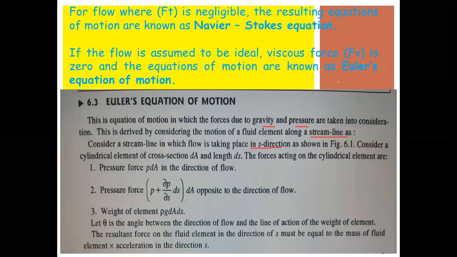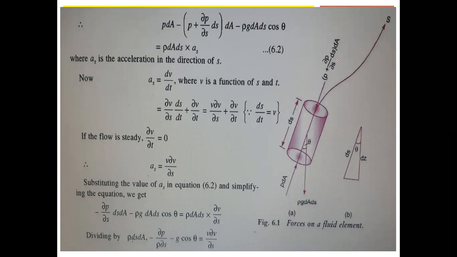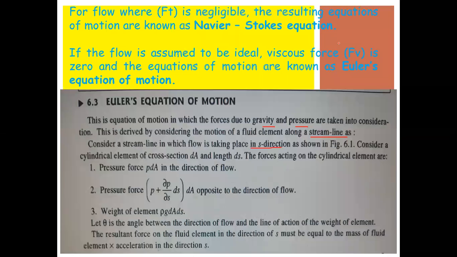Consider a cylindrical element of cross section dA and length ds. The cross section is dA, and the length of this cylindrical section is ds.